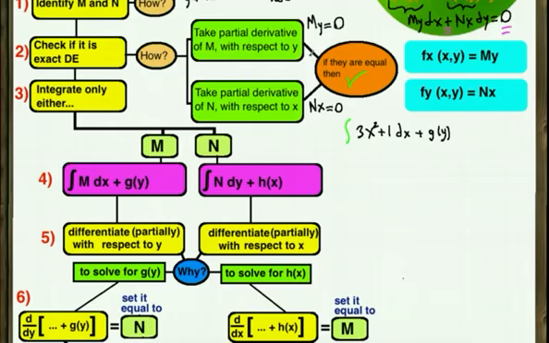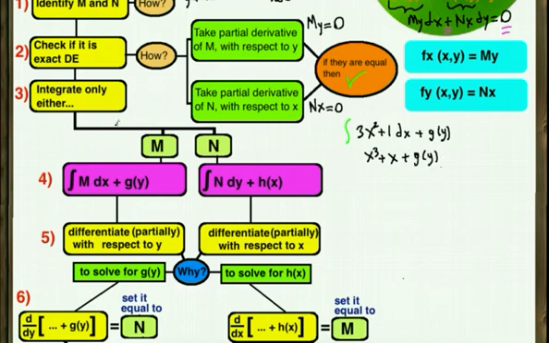The way you solve is totally up to you. Now the integral of x² is x³/3, and 3 cancels 3, so it's x³, plus the antiderivative of 1 with respect to x, which is x, plus g(y).